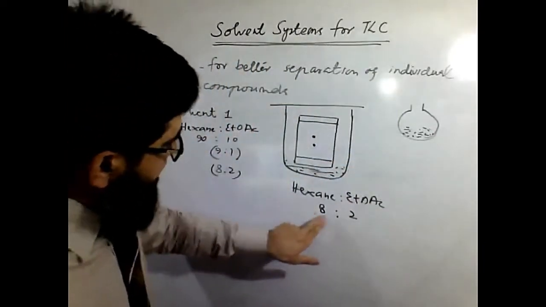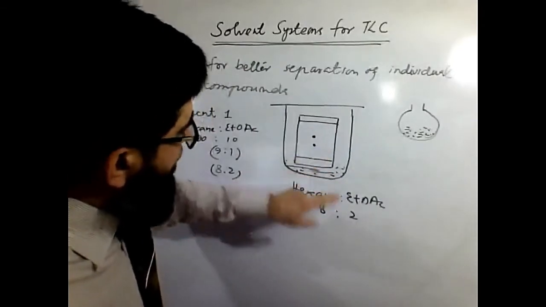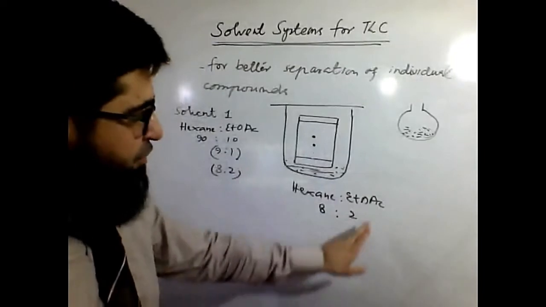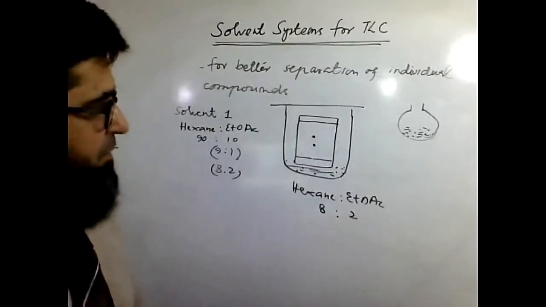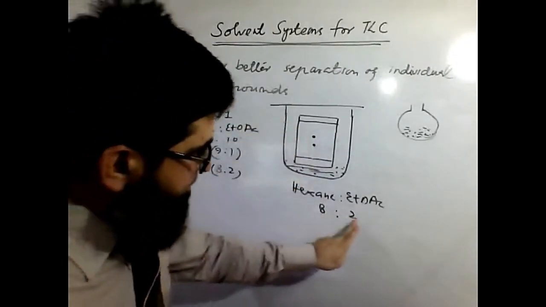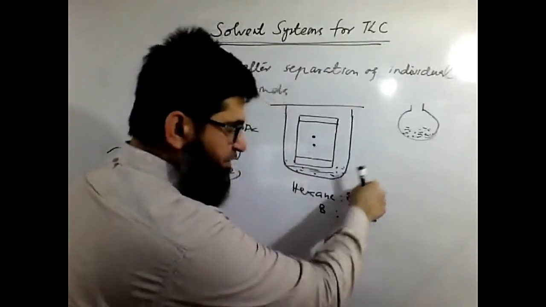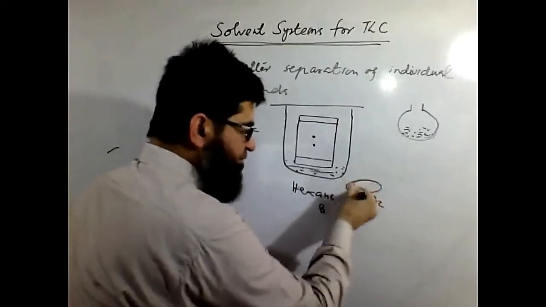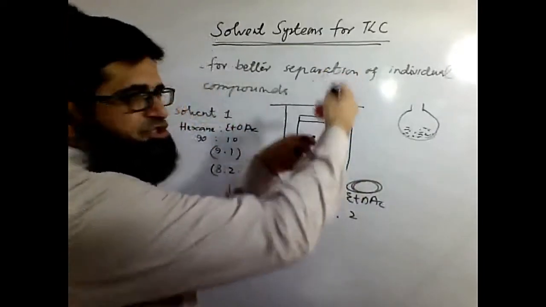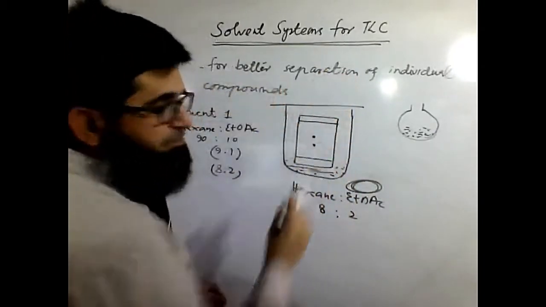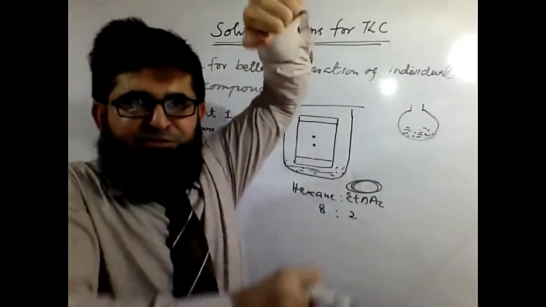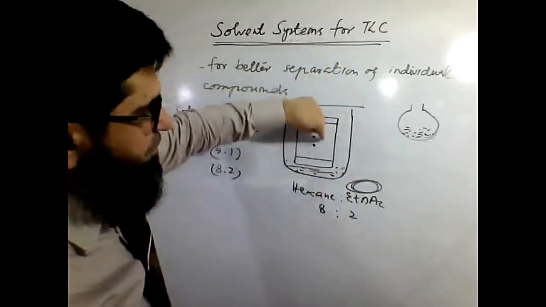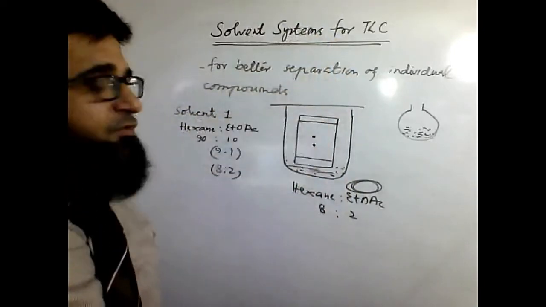Now as soon as we increase the polarity, the more polar one will move up due to the more polar solvent. As we keep introducing the polar part in the solvent, the distance between the two spots will keep on increasing. They will get separated from each other and end up at very different positions on the TLC plate.